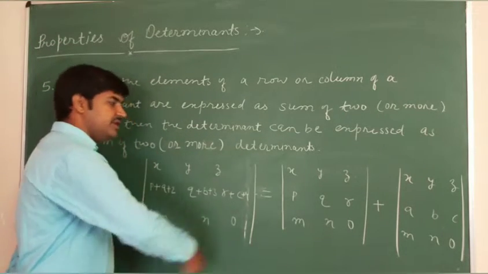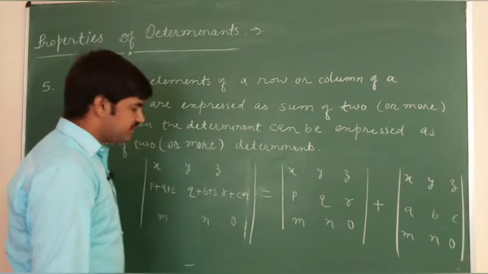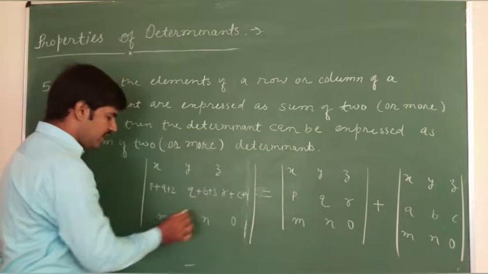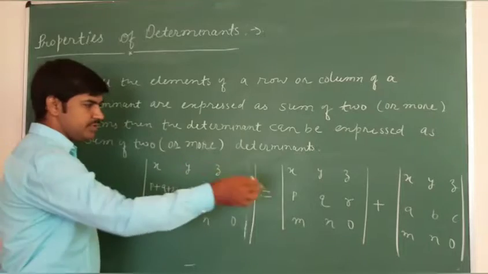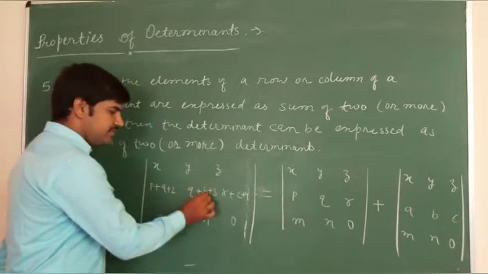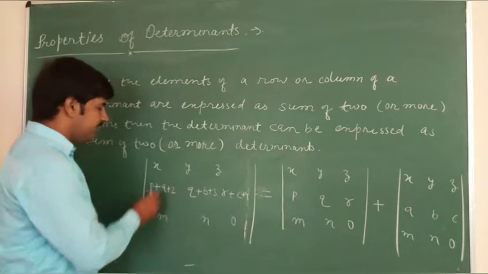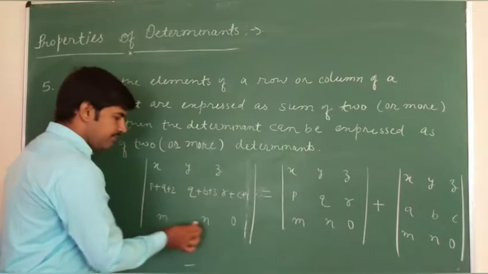Therefore, this determinant can be expressed as sum of 3 determinants. The first determinant will be x, y, z, p, q, r, m, n, o. The second determinant will be x, y, z, a, b, c, m, n, o. Plus the third determinant will be x, y, z, 2, 3, 4, m, n, o.